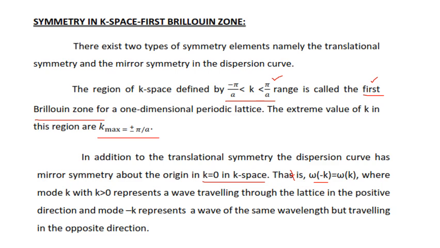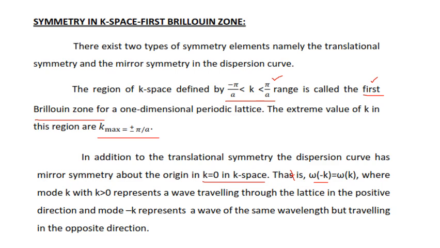The mode k greater than 0 represents a wave traveling through the lattice in the positive direction, and minus k represents a wave moving in the negative direction. Therefore, two mirror symmetries take place, one along the positive direction, another along the negative direction. So, this is the symmetry in k space in the first Brillouin zone.